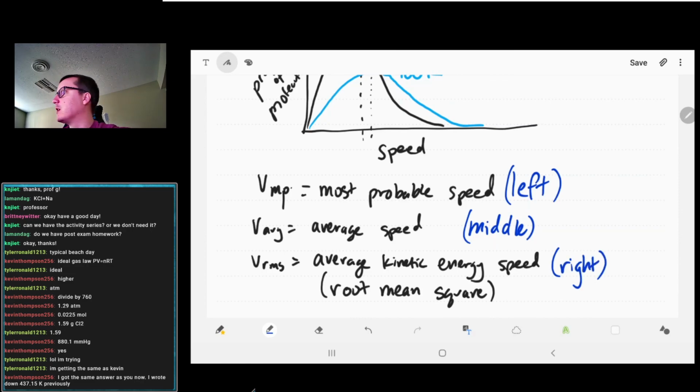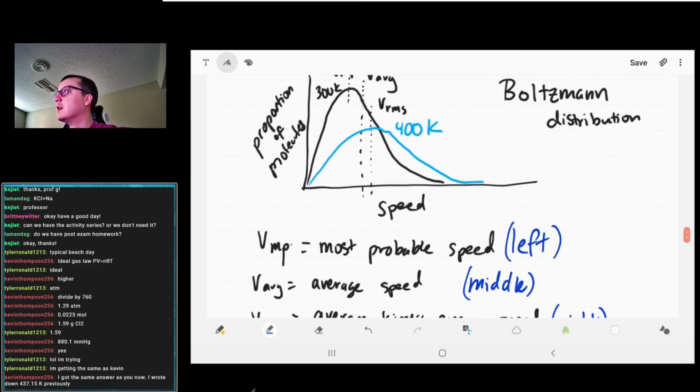You know what? Let me see if there's a nice graph. Mine's unfortunately going to be a total mess. So let's see. Boltzmann distribution temperature curve. Oh, thank goodness. Okay, there are pretty pictures here we can use.